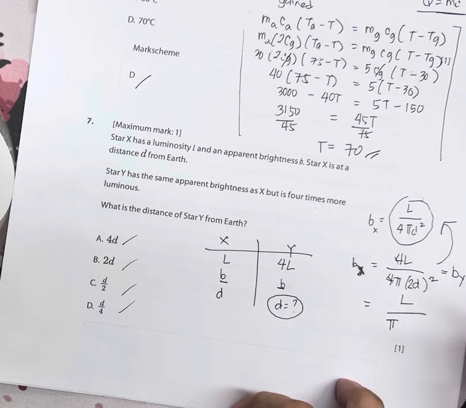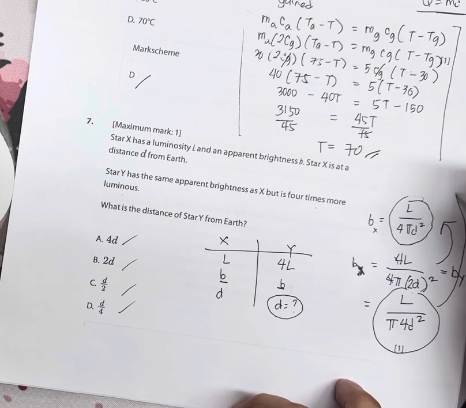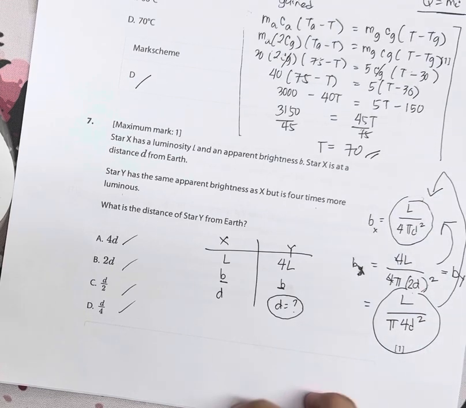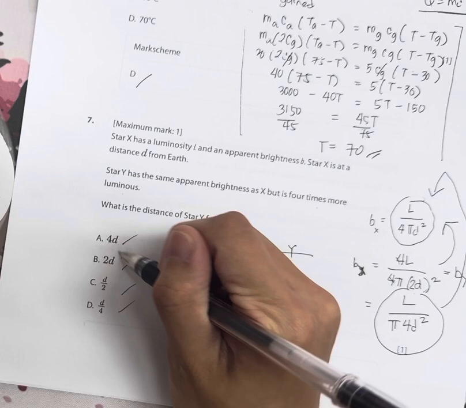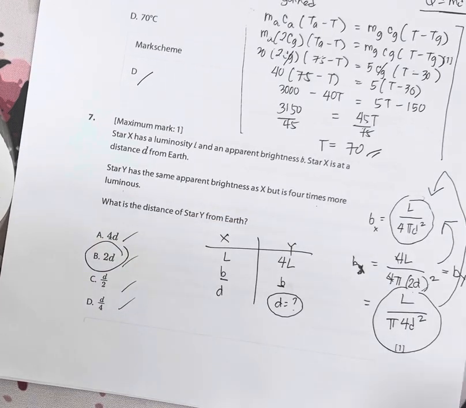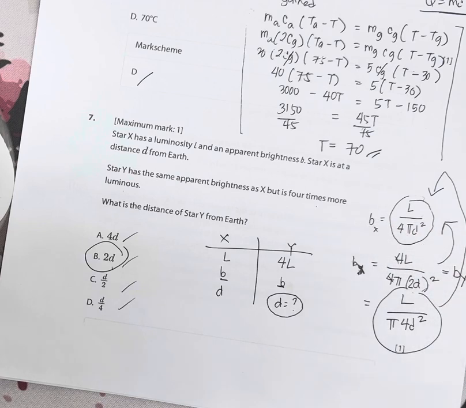Pi will stay there. Now this entire quantity squared: 2 times 2 is 4, and then I have the D squared. Notice that I still end up with the same expression for X. Therefore, the expression for the distance must be 2D, because that value will allow us to end up with the same expression for the apparent brightness.